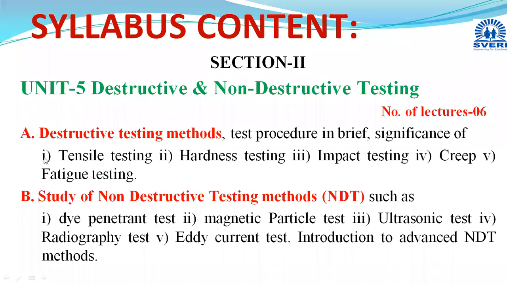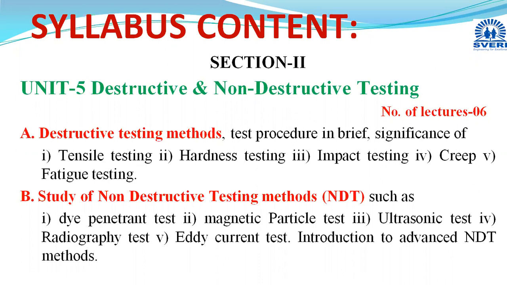Another differentiating point is that in the destructive testing method, we are determining the properties of the material, like its tensile strength, its ductility, its yield strength, and modulus of elasticity. Different parameters we can determine, related to the properties.